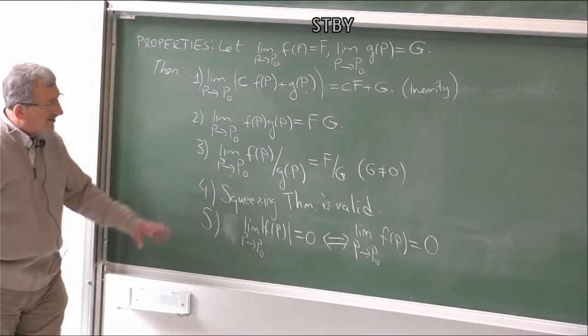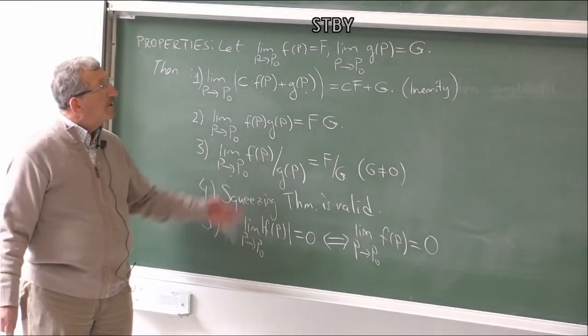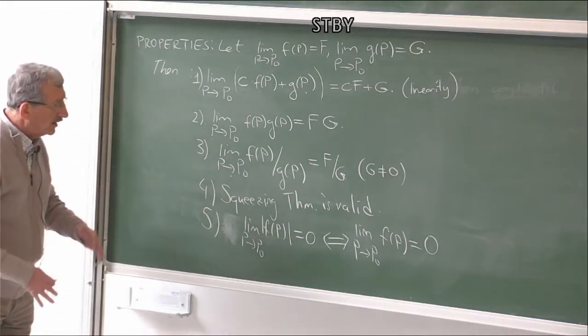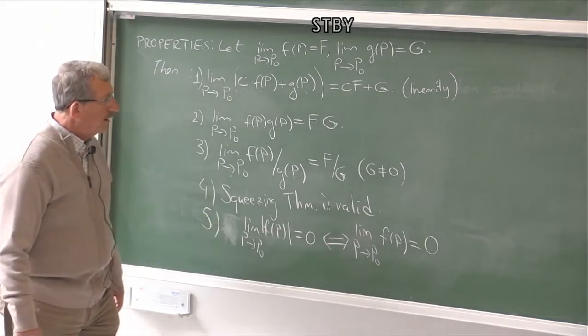So if the limit is 0, whether you put absolute value or not, nothing changes because of the same inequalities we used as in the case of one variable. We will be using this over and over again.